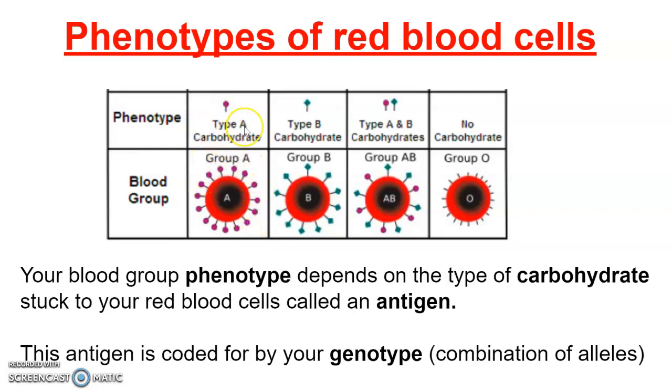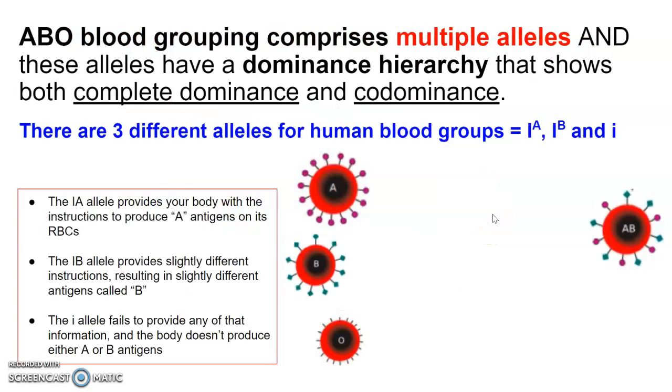So the A allele will provide the information for creating type A carbohydrate, the B allele type B carbohydrate, and finally, if you inherit the O allele, you are basically missing the information to create either of these carbohydrates, and so you have kind of smooth red blood cells that are missing these messengers. So those are our 3 alleles, but they interact in unique ways.